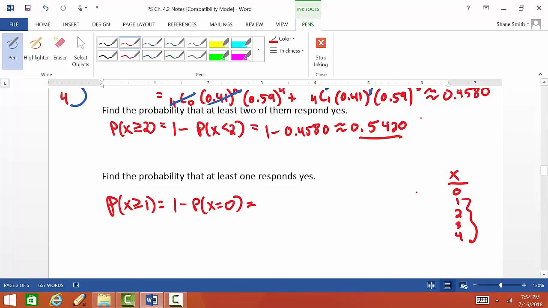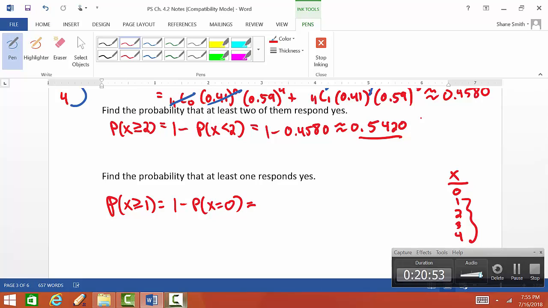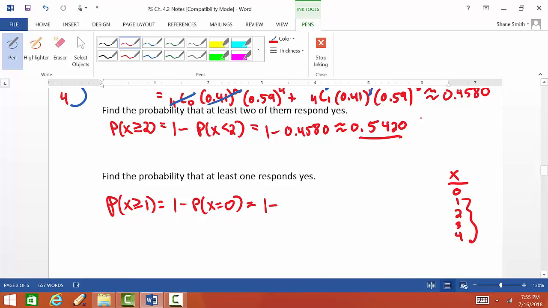So if I just find the probability of 0, once again, then I can subtract that from 1, and I'll find the probability of 1 through 4. All right, so that would be 1 minus 4 choose 0, 0.41 to the 0, 0.59 to the 4th. 4 choose 0, gone. 0 to the 0 power, gone.